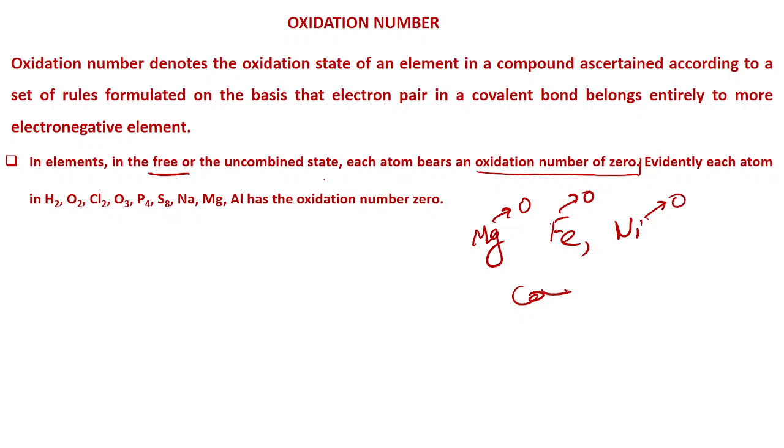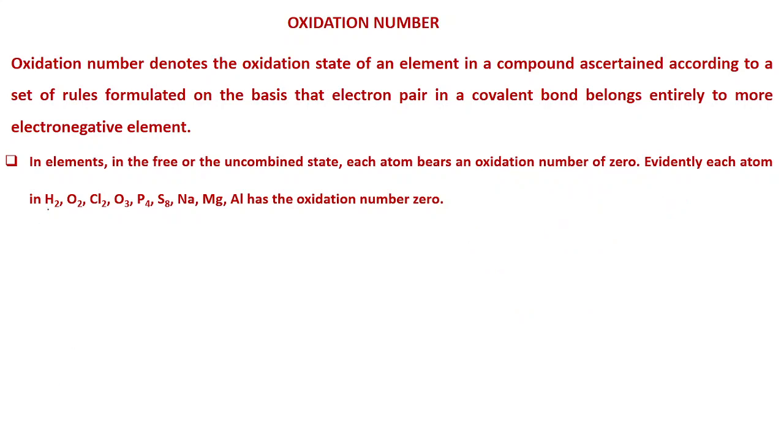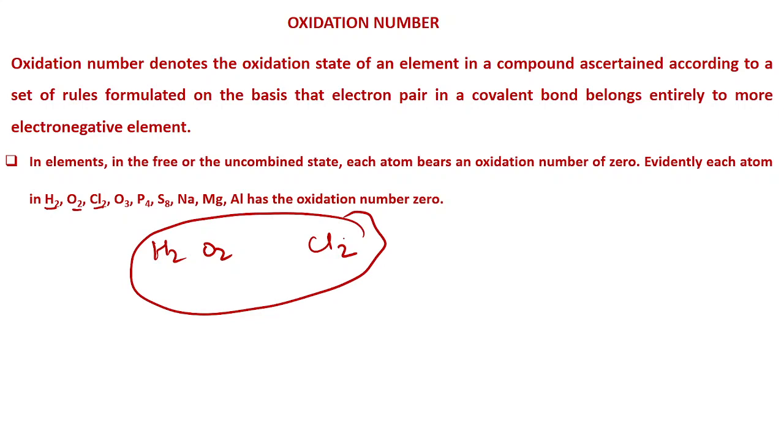Metals in the uncombined state have oxidation number 0, whereas non-metals are diatomic because they cannot exist alone. So H2, O2, Cl2, these non-metals in their uncombined state, will have an oxidation state 0.